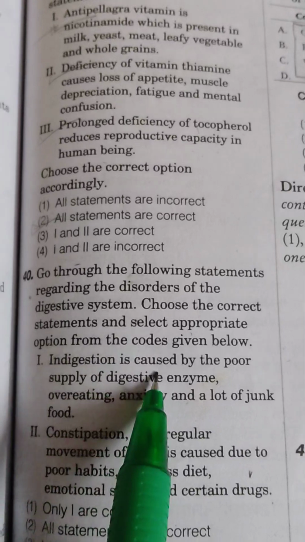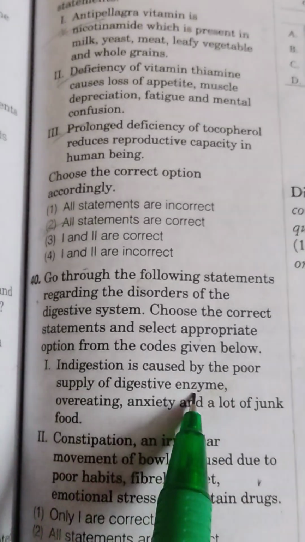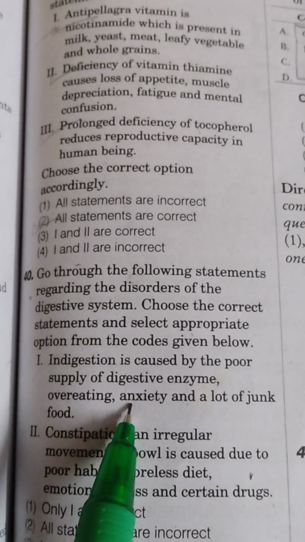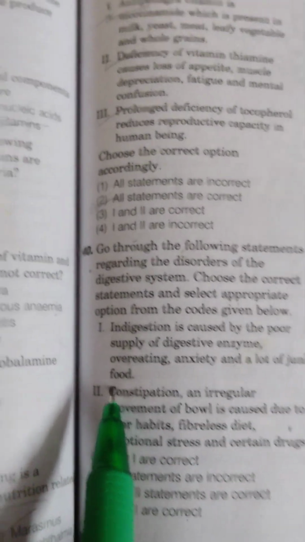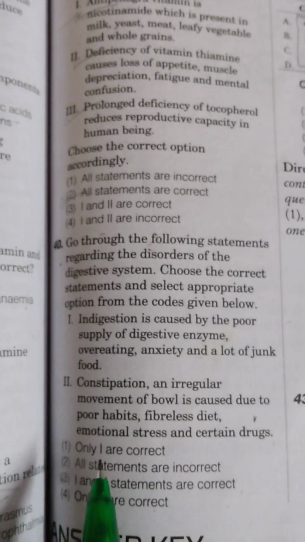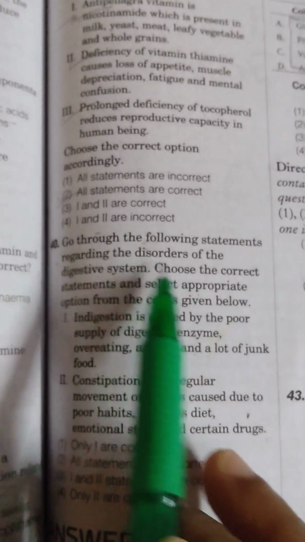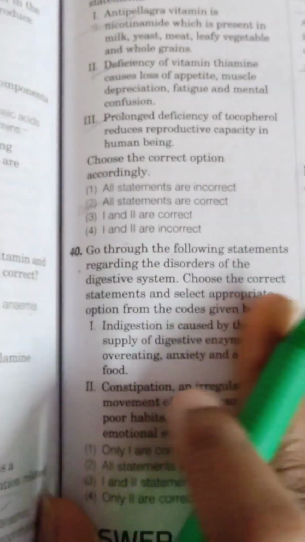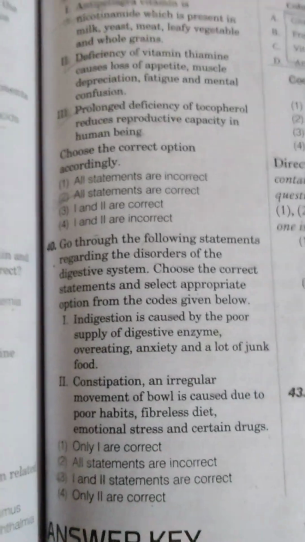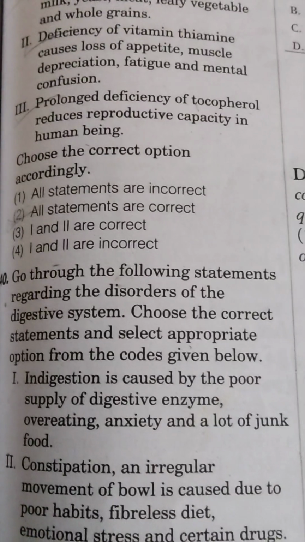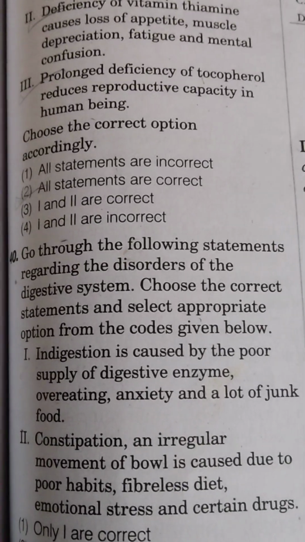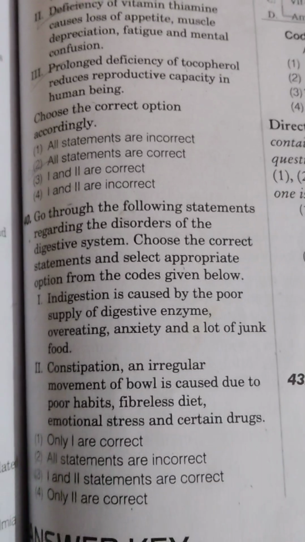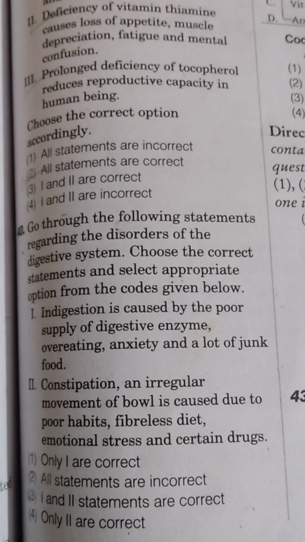Number 1, indigestion is caused by poor supply of digestive enzymes, overeating, anxiety, and a lot of junk food. We'll have to check for the correct statement. So number 1 here is correct.